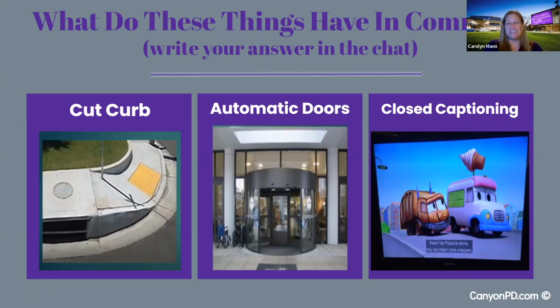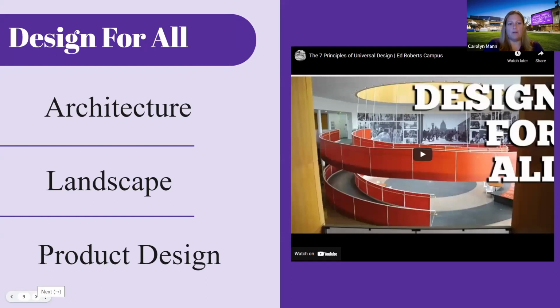It might work, but it's definitely not usually going to work as well as if we had thought about it and planned for it ahead of time. So when we're thinking about best practices and designing instruction for all students, we can compare it to the design for all in architecture, landscape, and product design.